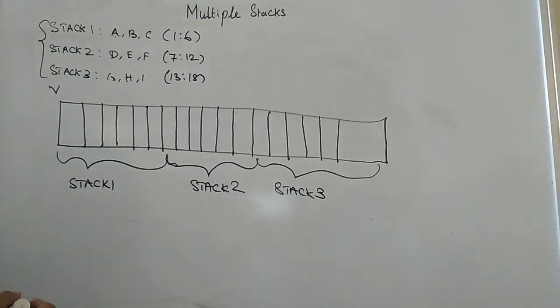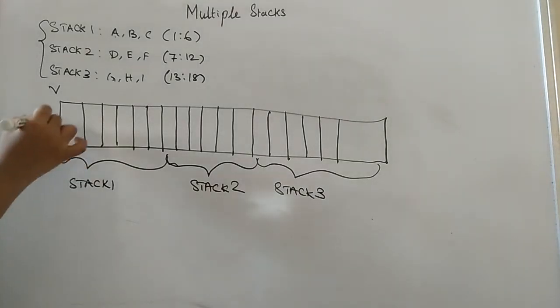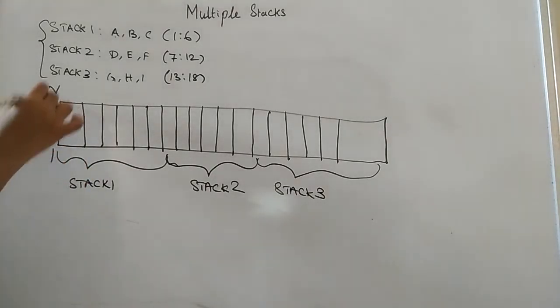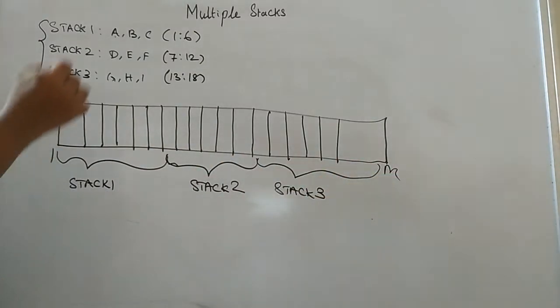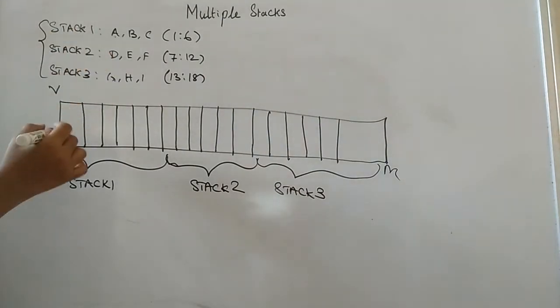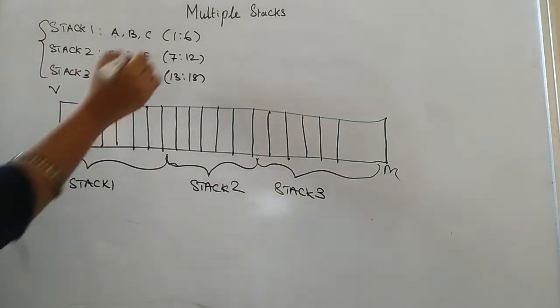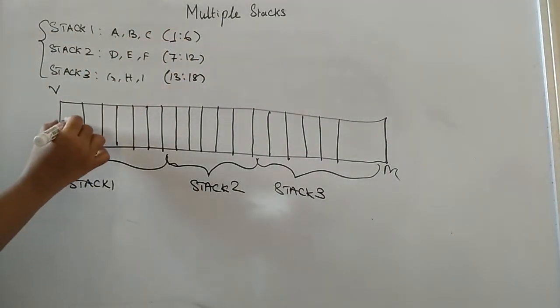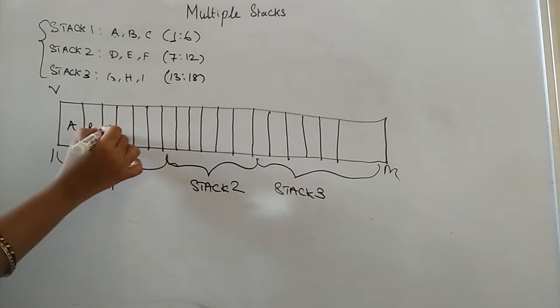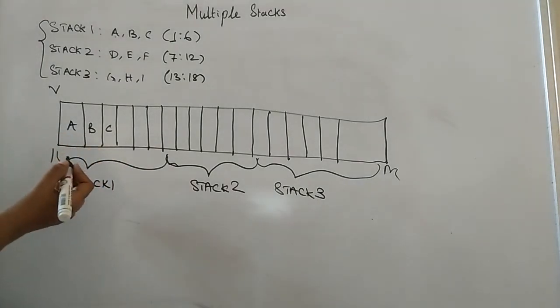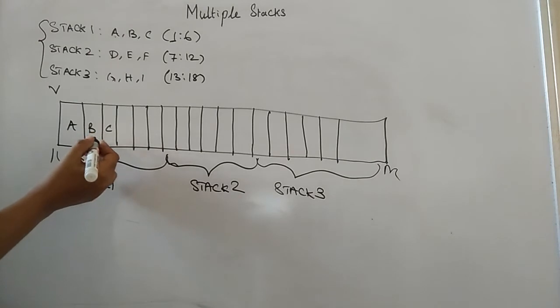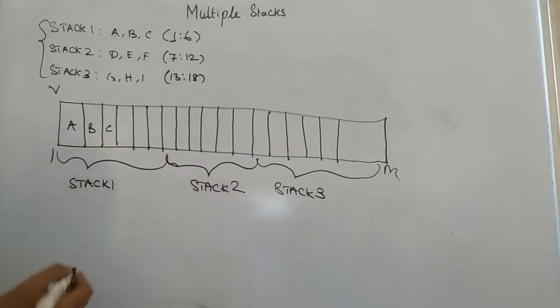If you are going to store the elements here, as usual, the lower bound of the V array is 1 and the upper bound is M. So the stack 1 elements will start from its lower bound 1. So A, B, C. What's happening here is, when I am trying to push an element into stack 1, I am going to push it within this range only.